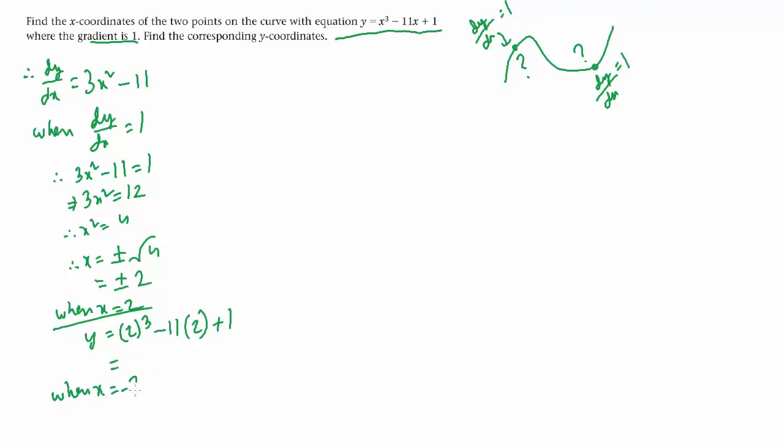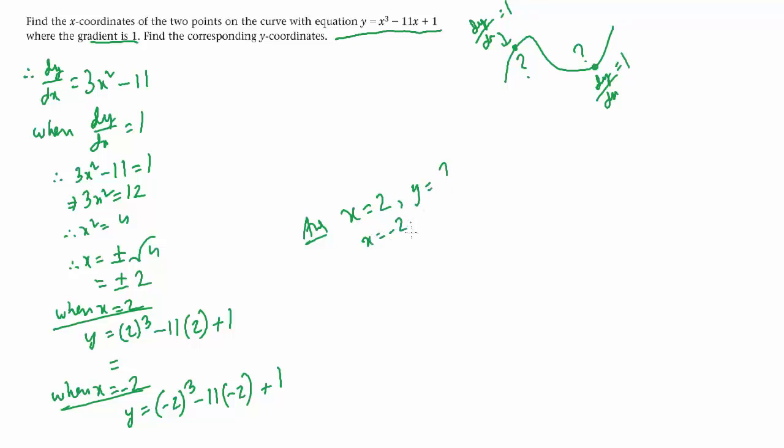When x equals minus 2, then y equals minus 2 cubed minus 11 into minus 2 plus 1, and that is going to give us another value of y. They didn't ask for the point as the answer, so we can either state the answer as x equals 2, y equals something, x equals minus 2, y equals also something.